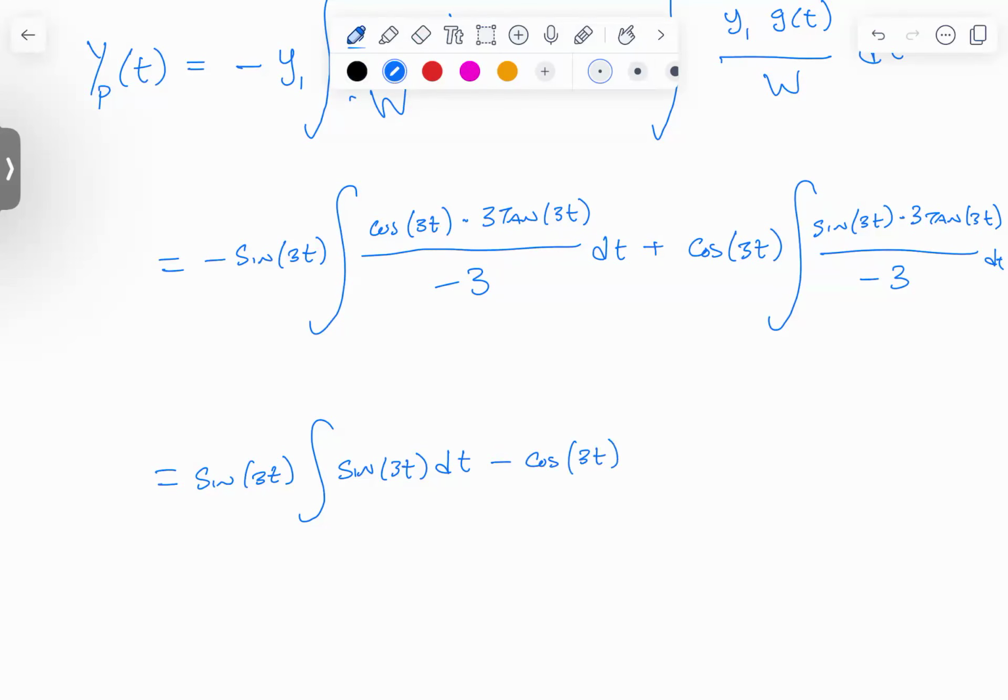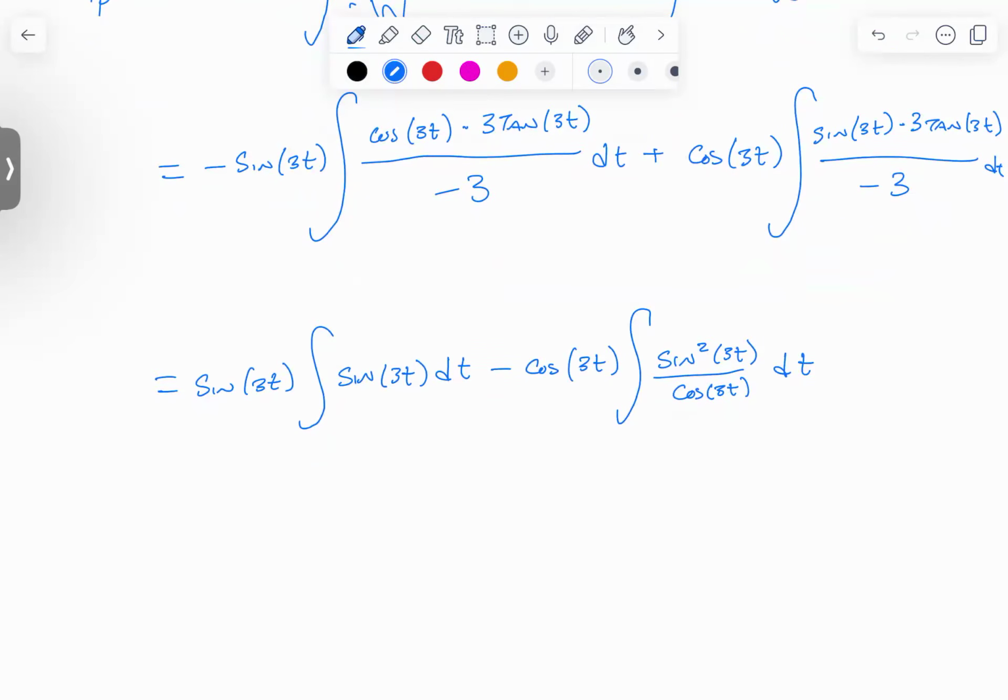plus, this one's just a minus cosine t integral. All right, what about this guy? Sine squared over cosine. Then we can figure out what the deduction is. It's like 1 plus cosine divided by something. The sine squared breaks into, and then you can cancel out more.